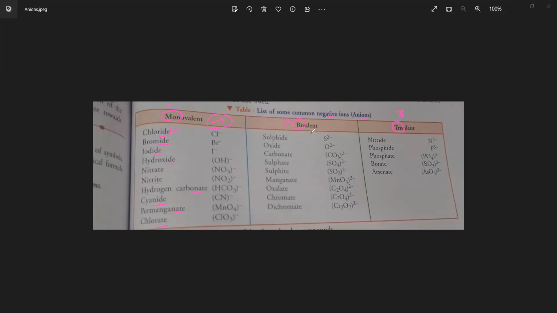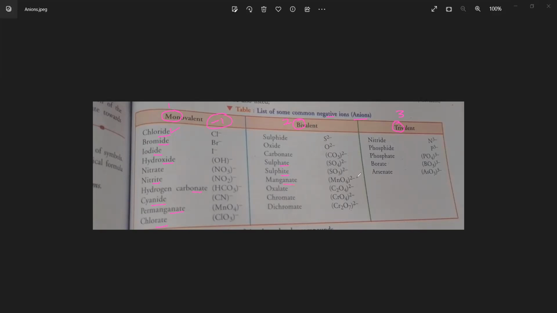Similarly, we have some bivalent anions: sulfide -2, oxide -2, carbonate -2, sulfate -2, and sulfite. Look at the difference: ATE is -2, and when it is ITE, it is SO3 2-.